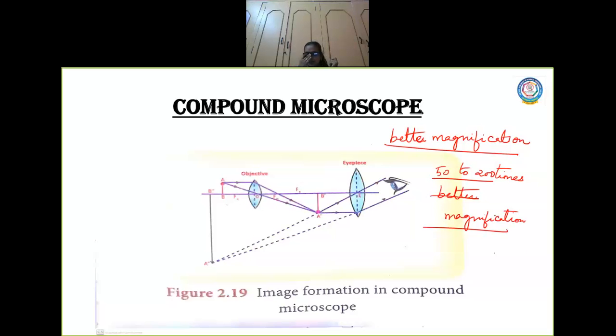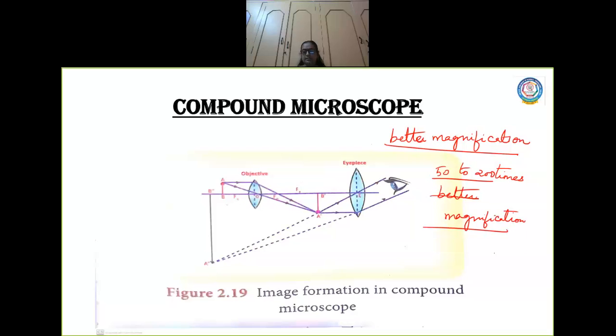There is one more microscope called the traveling microscope. Actually, you will be learning this in your higher classes. When you come to +1 and +2, we will use this traveling microscope. We will be teaching you that in your higher classes, but you should know about it also. What is a traveling microscope?